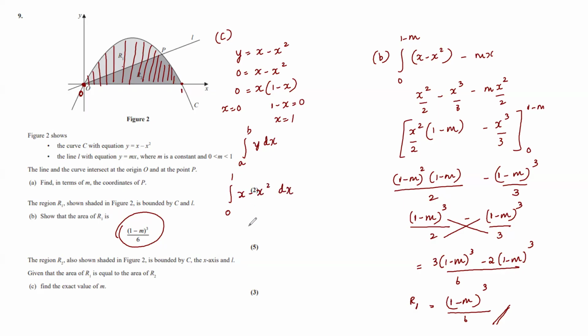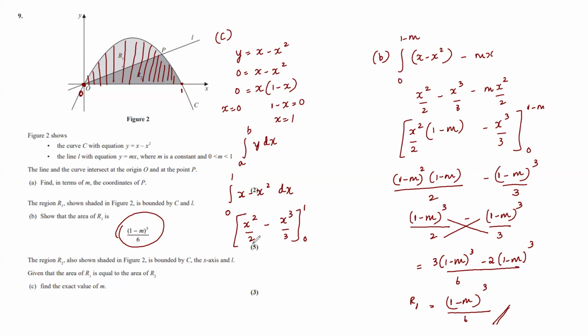So let's first integrate. x will give you x square by 2, minus x square will give you x cube by 3, from 0 to 1. Since both terms have x, at 0 you don't have to put the lower limit. You just have to put the upper limit here.